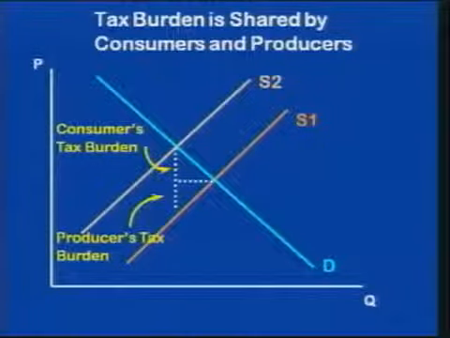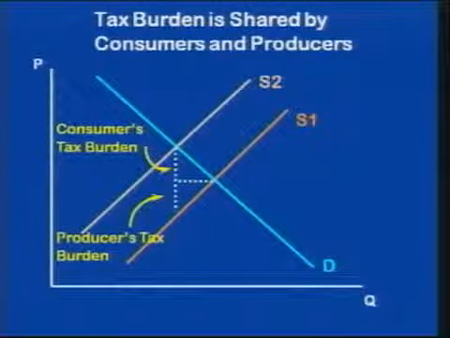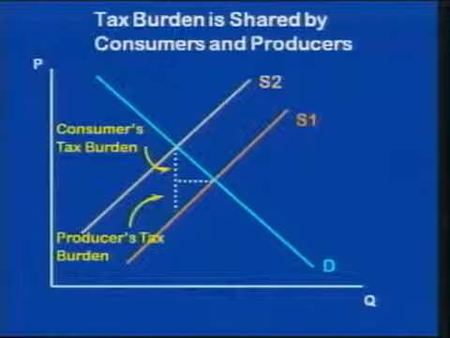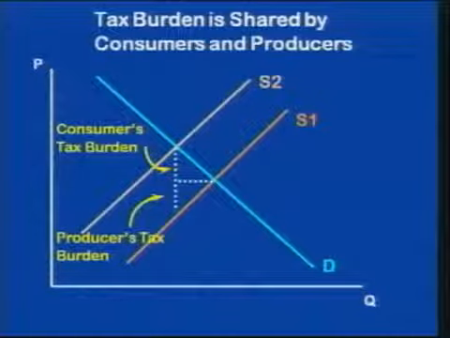The consumer tax burden is the area from the original price up to the new price, and the supplier's tax burden is from the original price down to the new price minus the tax, which is down here. So they both share in the burden.